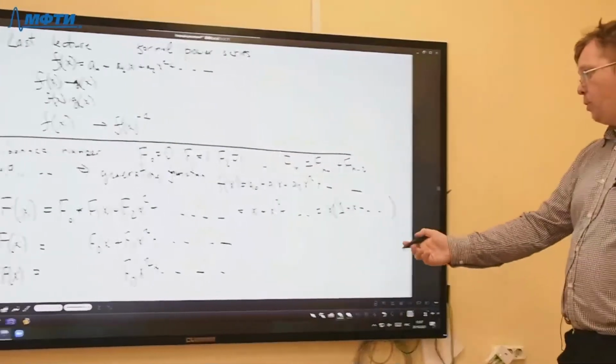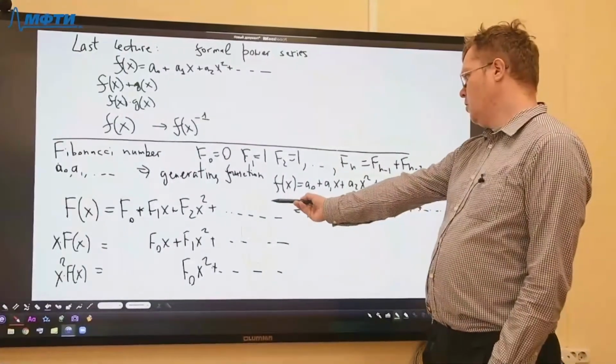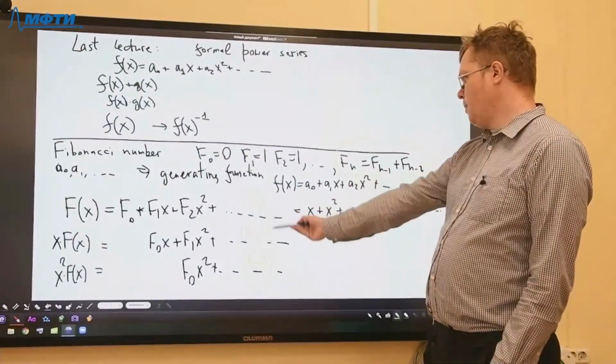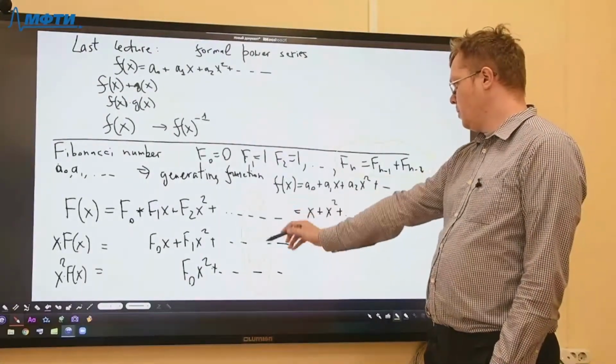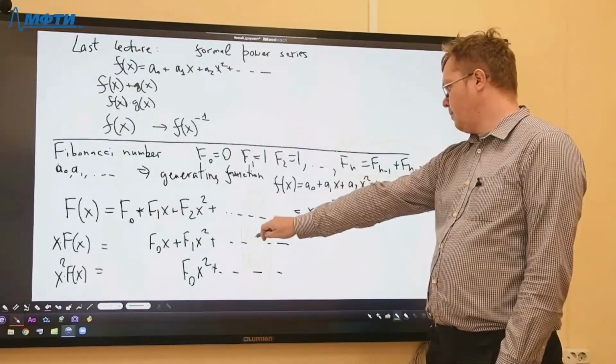And so if we subtract the lower rows from the upper row, then this will vanish because fn is fn minus 1 plus fn minus 2.